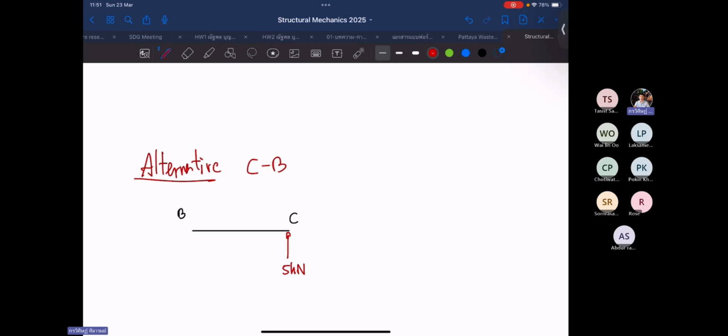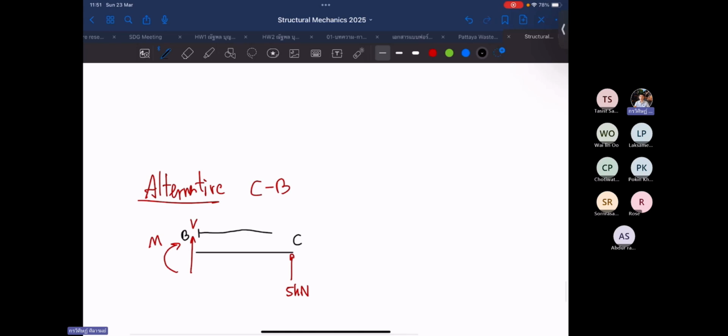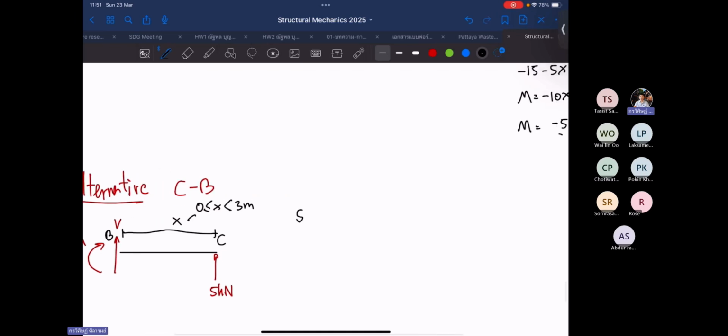At point B, we have to change the sign convention. So this one is shear force, and this one is bending moment. And for the x, this x also ranges from 0 to 3 meters.